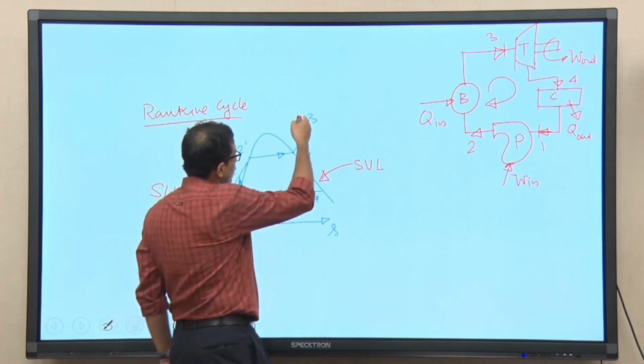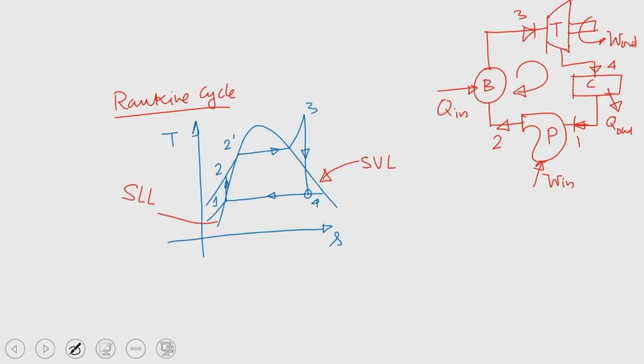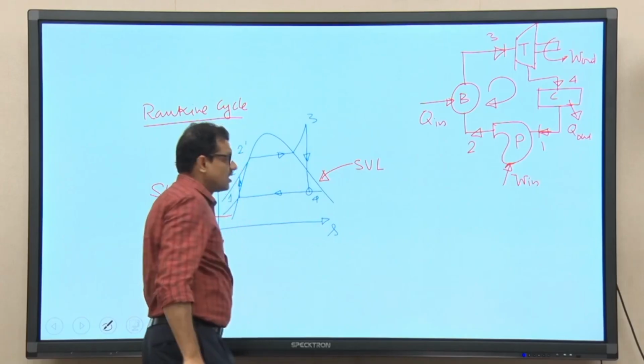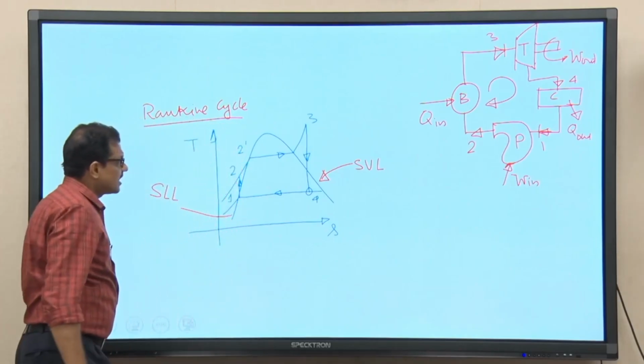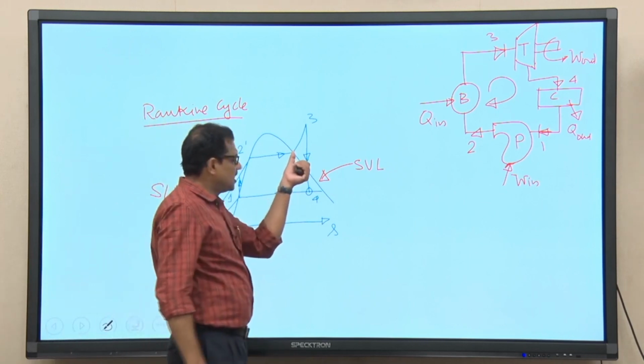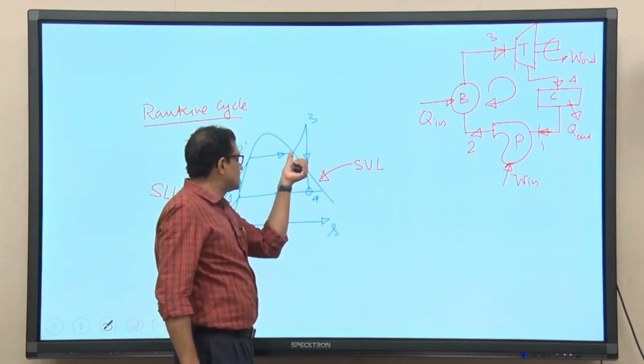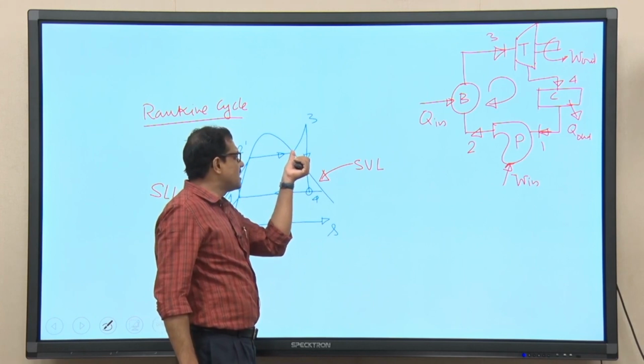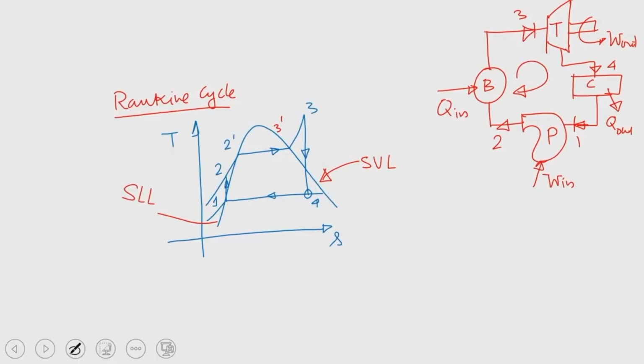And finally, we are having expansion of the steam inside the turbine, 3 to 4. Now, see what I was discussing, that if the heating process ends at 3 prime, then if we allow steam to expand from 3 prime, you can see from this TS diagram that the quality of steam at the exit of the turbine will correspond to the state point 4 prime.